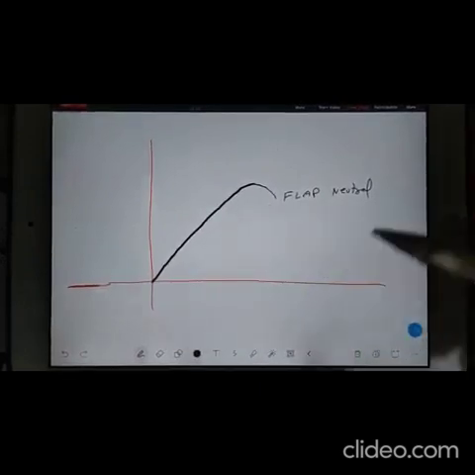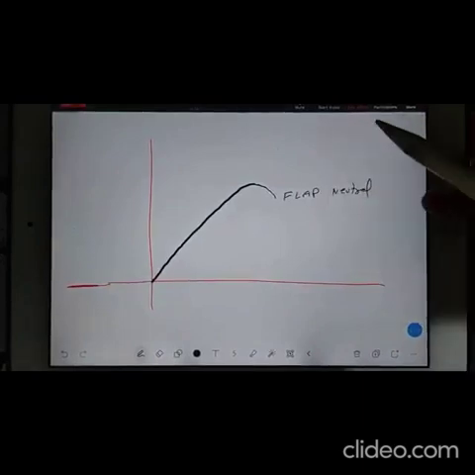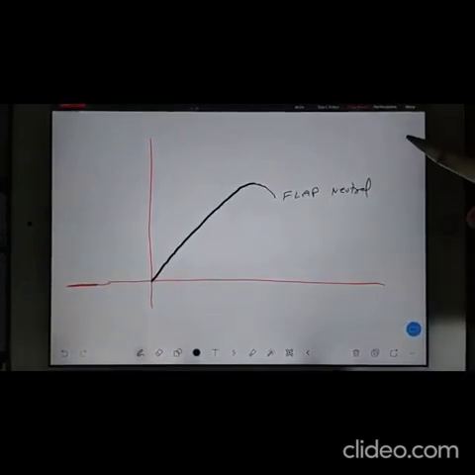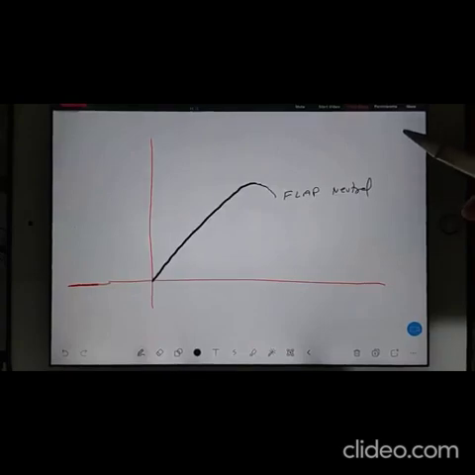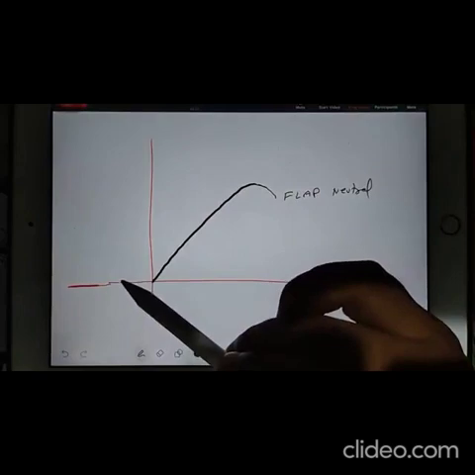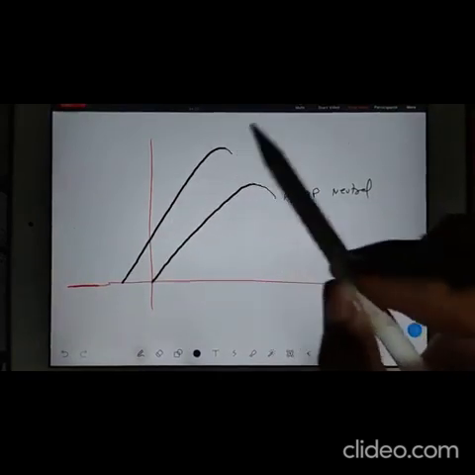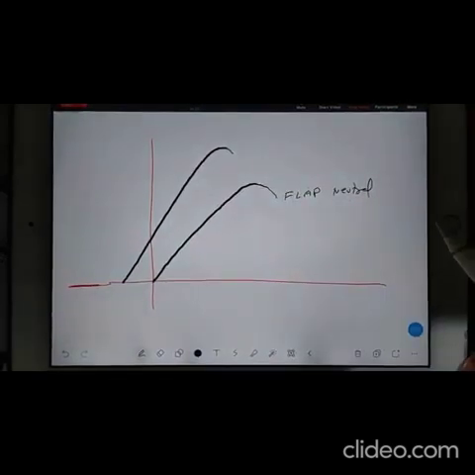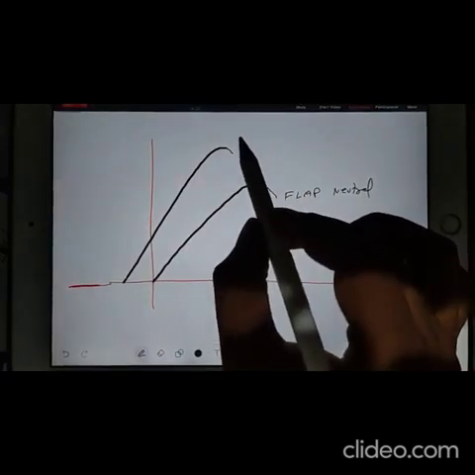And if you are using your flap, that time you are changing your camber. So after changing the camber, your flap is no more a symmetrical flap. It is a positively cambered flap. For that you already have an idea. For positively cambered, it will go like this, right?